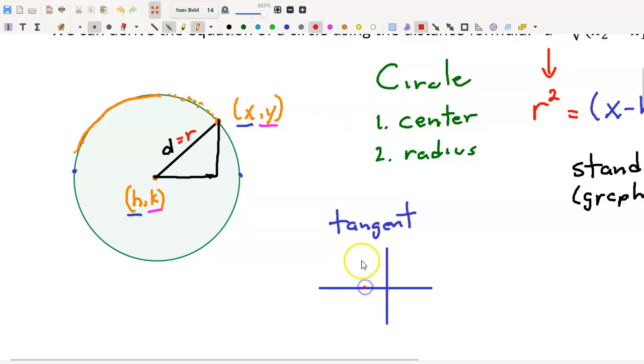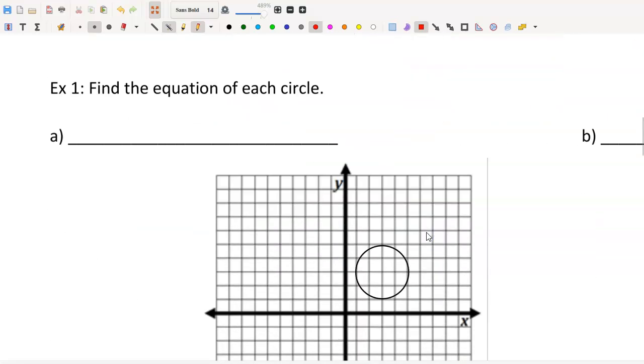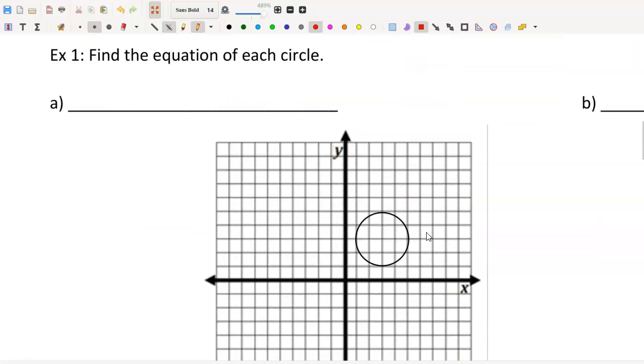It would touch the x-axis but not go through it. So that's what tangent means. You'll have to use a lot of different definitions to find different equations of circles. Okay, so let's practice the basics back from geometry of just finding the equation of the circle. Let's do that first.